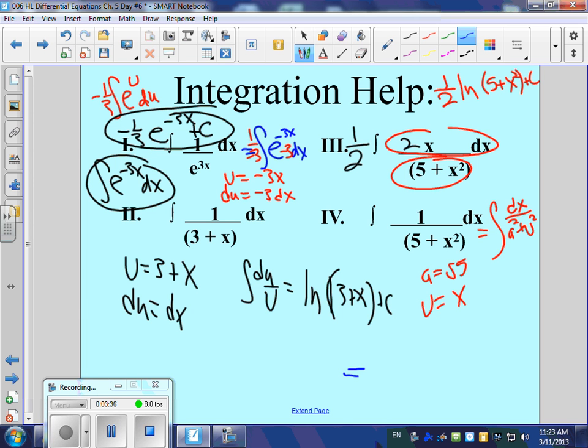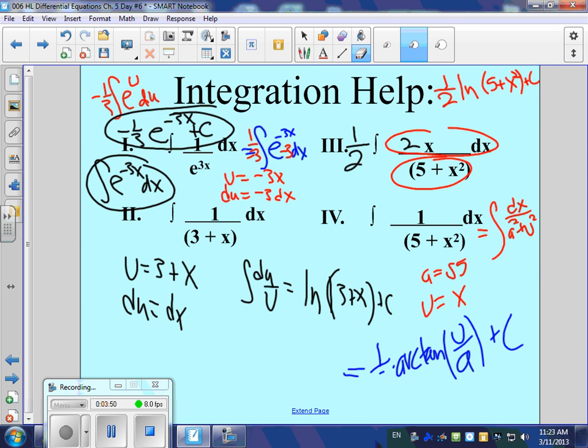The antiderivative is going to be 1 over a arctan of u over a plus c. So we can just replace that a with what? Square root of 5, and this is going to be 1 over square root of 5 arctan of x over square root of 5 plus c.